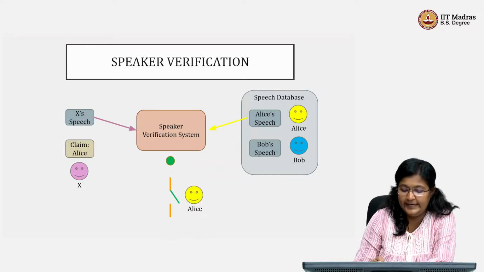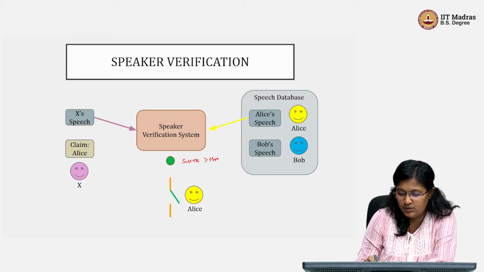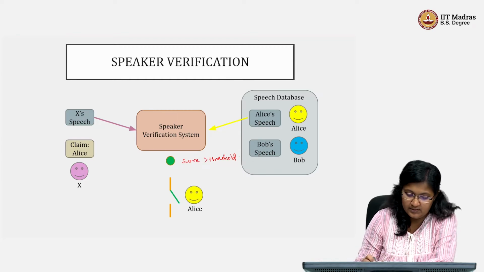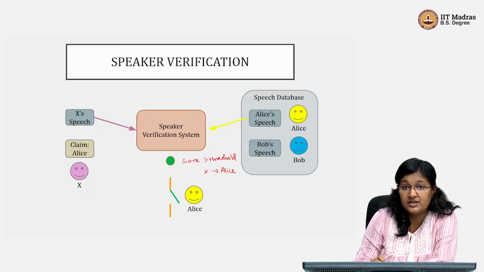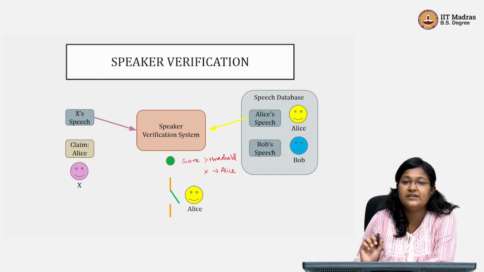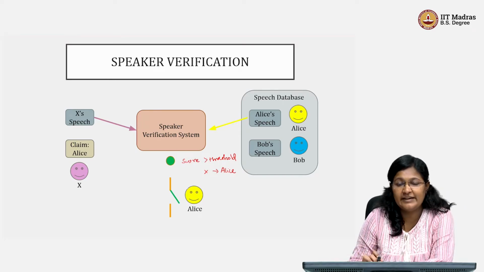If the score is higher, green here marks score is greater than threshold. What does that mean? Person X is Alice. This is the decision made by your speaker verification system. And then the gate is opened by our security guard, which is your speaker verification system.